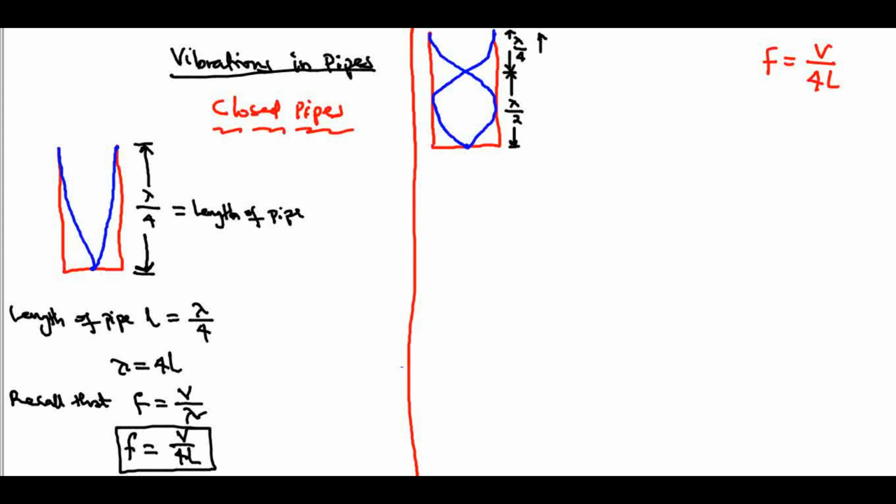So from here to here becomes lambda over 2 plus lambda over 4, which is equal to 3 lambda over 4.